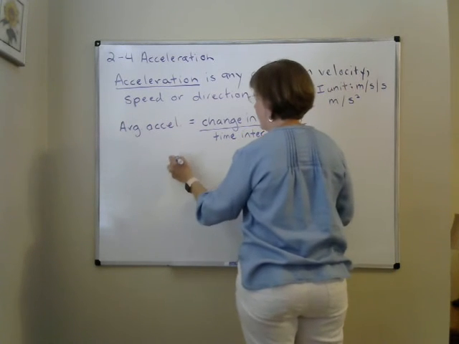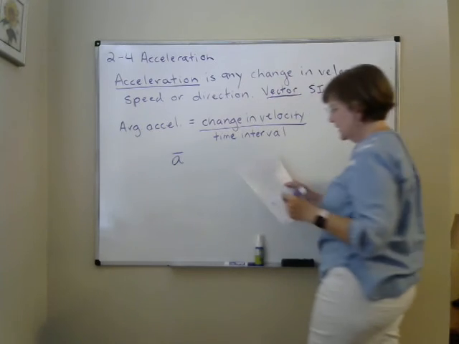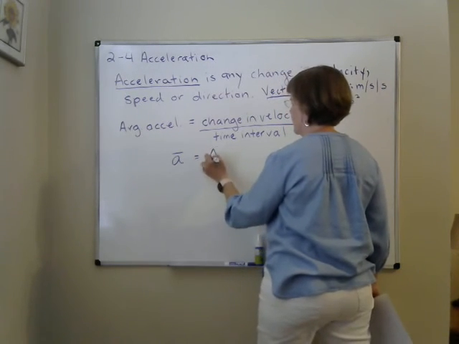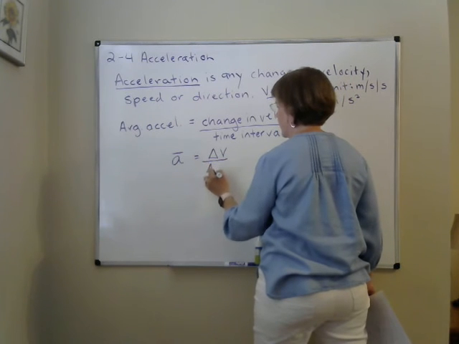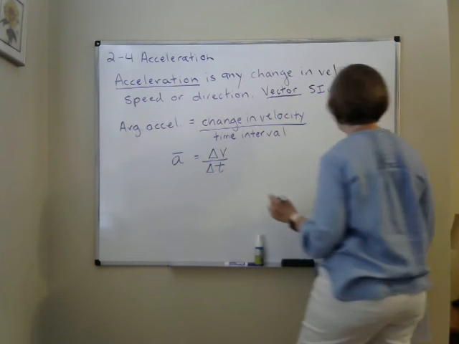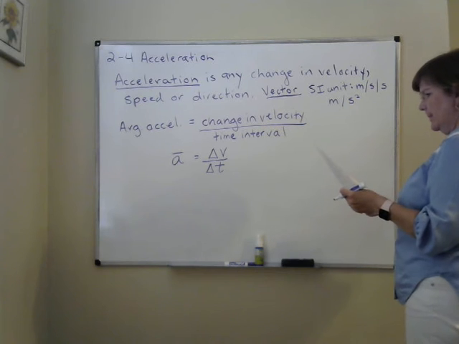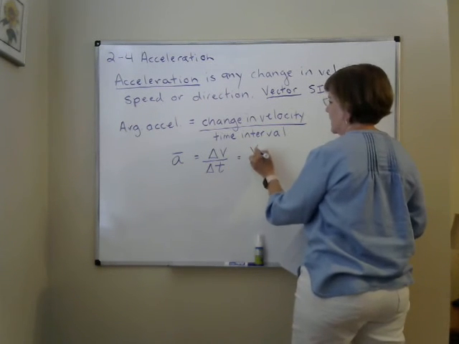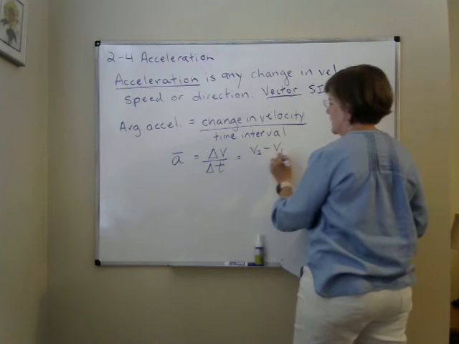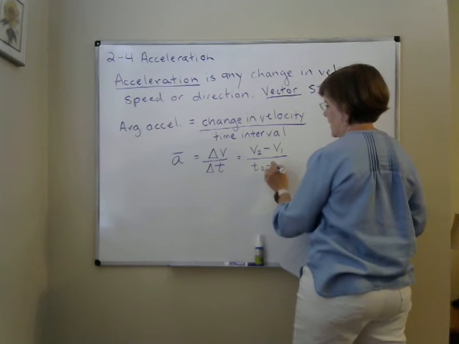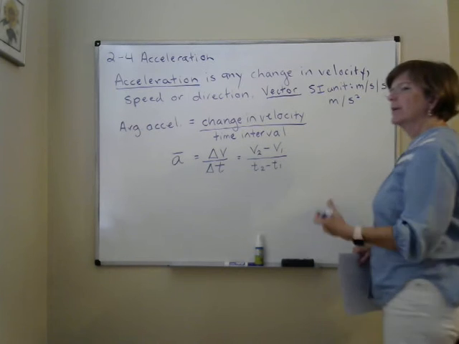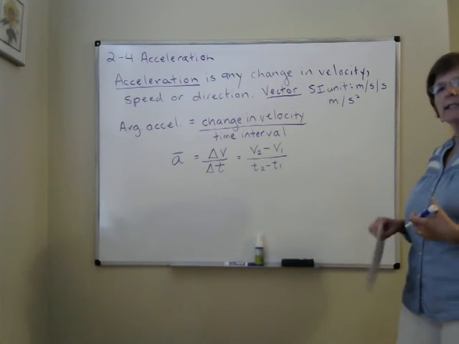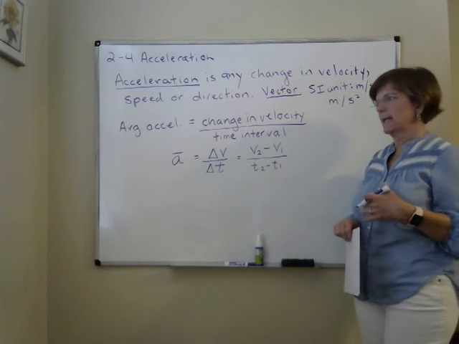So our average acceleration, and again I put the line over the A to indicate average or mean, is a change in velocity over a change in time. If you want, this could be written out also as final, or V2 minus V1, over T2 minus T1. It looks just exactly like the relationship between velocity and position.